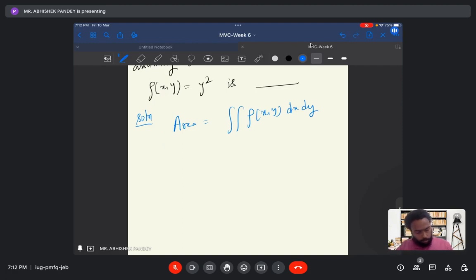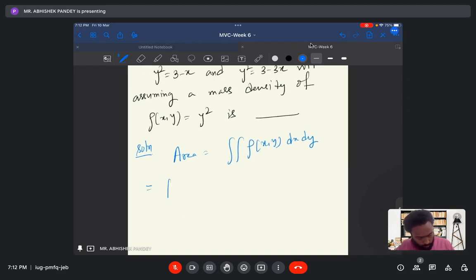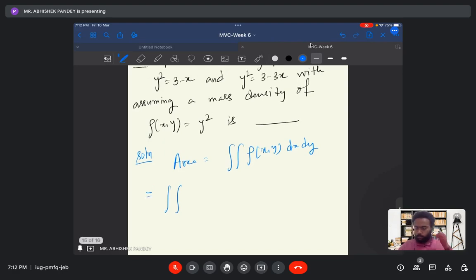Now we need to put the limits. The limit of x will be from 1 minus y square by 3 to 3 minus y square, and the limit of y is minus root 3 to root 3, of y square dx dy.